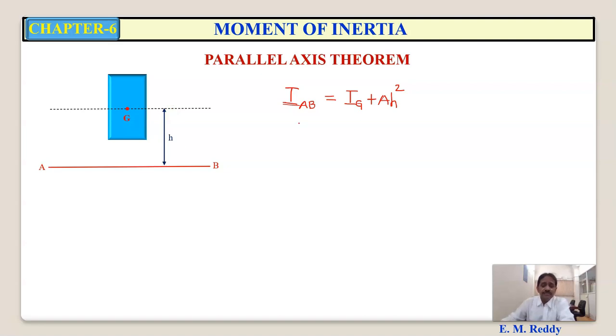Are you getting me? Here, what is I_AB? It is the moment of inertia about an axis parallel to the centroidal axis.